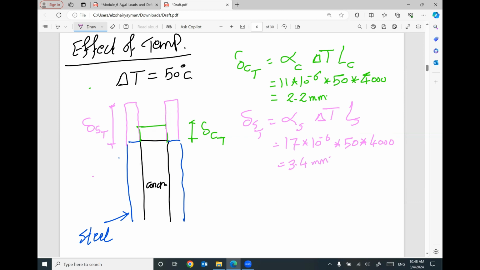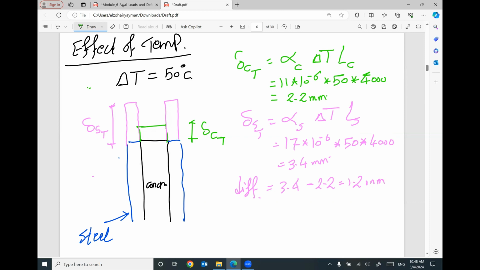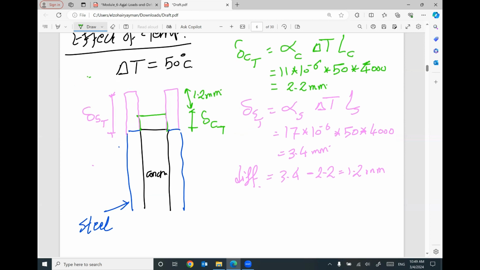That means we will have a difference between the expansion of steel and the expansion of concrete equal 3.4 minus 2.2 equals 1.2 millimeter. As I mentioned, this difference will not happen. So what will happen?